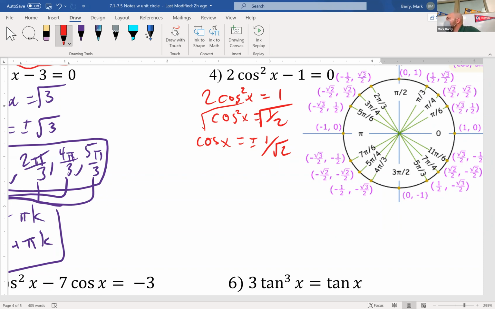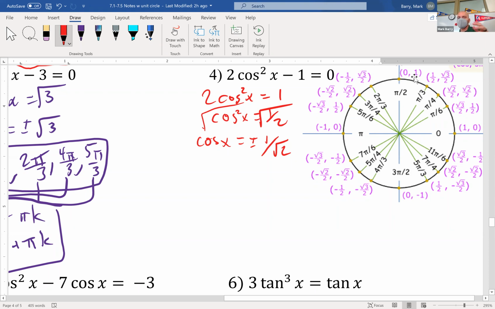All right, so this is where we look into the unit circle and try to find a cosine value, which we know on the points is the x value, of 1 over rad 2. Now, I'll warn you that it's not there, okay? Except it kind of is there. It's there in a different form. As we look at the unit circle, we see all the radicals are in the numerators.